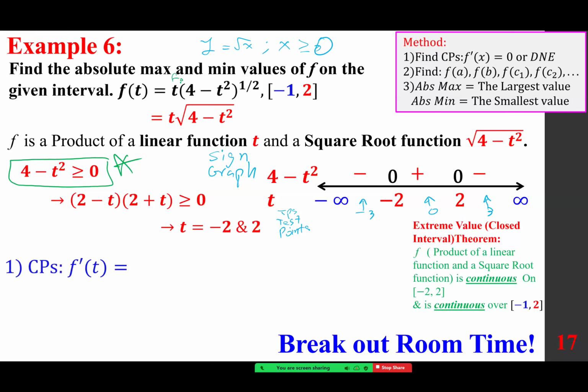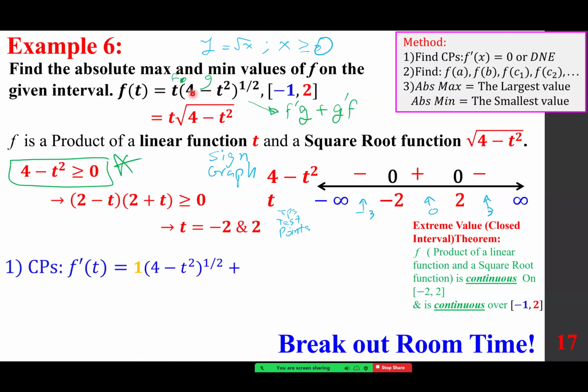So we need the product rule: f prime g plus g prime f. For f, t, the derivative is 1 times the second piece, 4 minus t squared to the power 1/2. So that's f prime g.